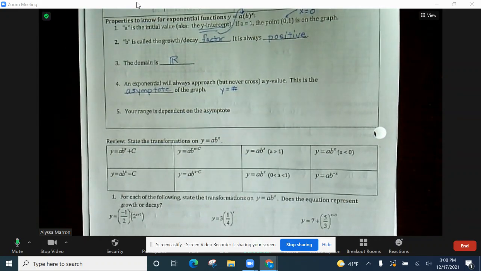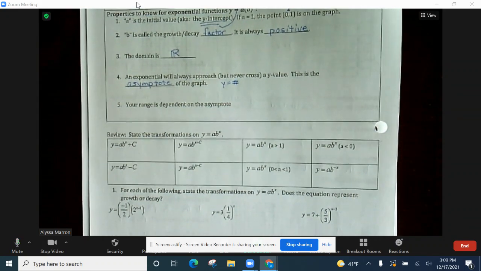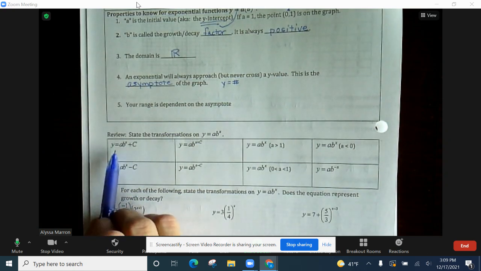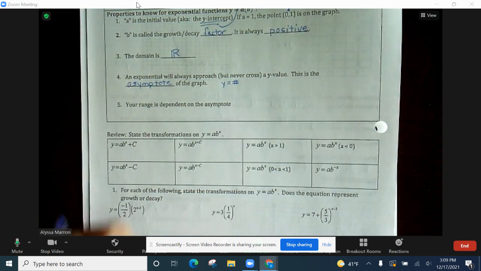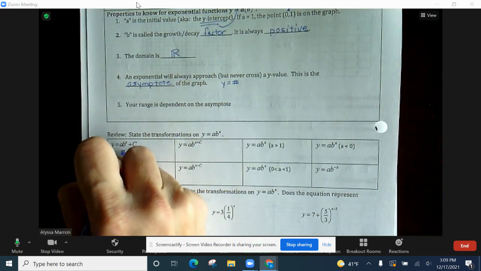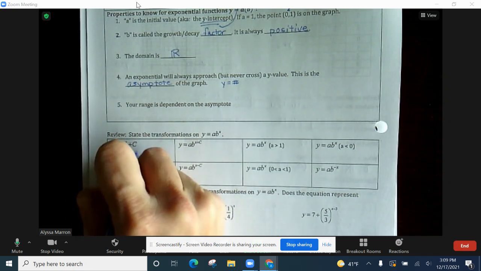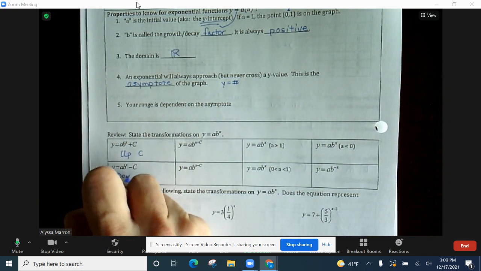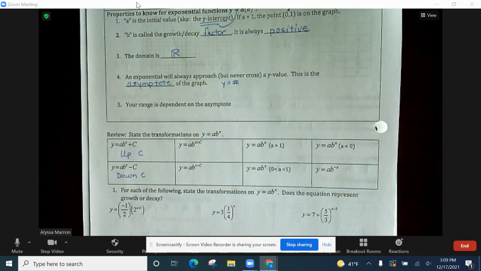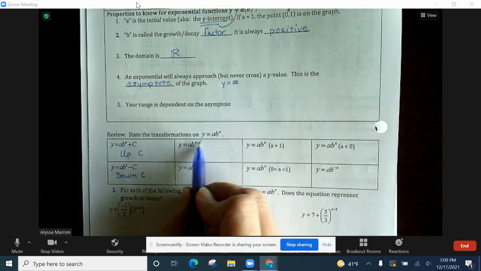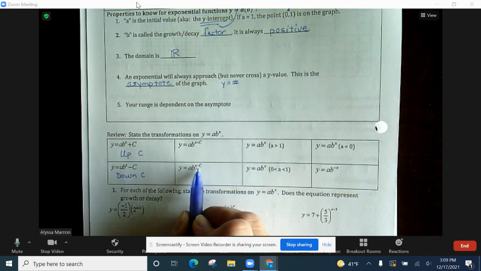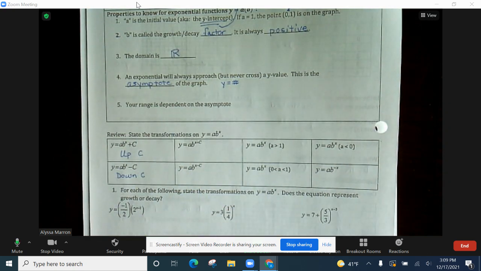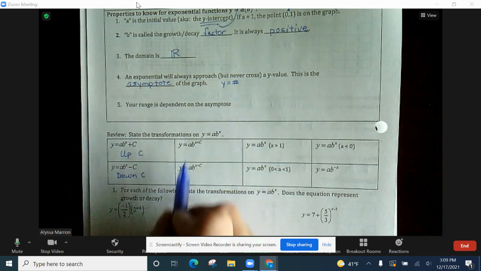So a review of our transformations. When we see that constant being added or subtracted, that's that up-down shift I keep referring to. If we're adding a constant, we're going up c units. If we're subtracting a constant, we're going down c units. If you're adding the constant and it's in with your exponent, that's our left-right shift. And remember, we always take the opposite of what you would think.